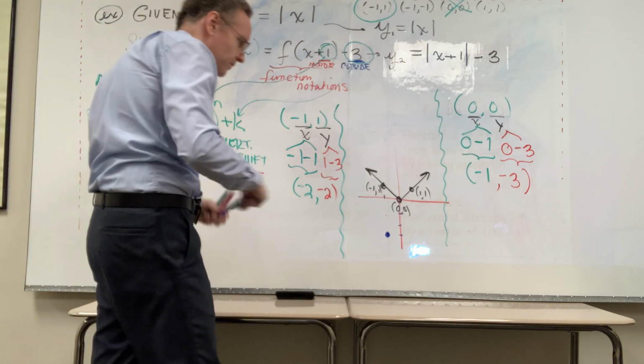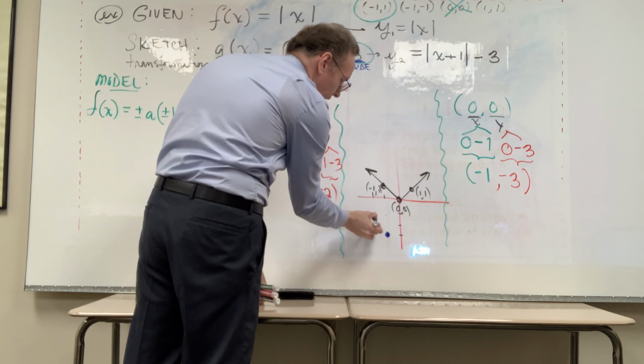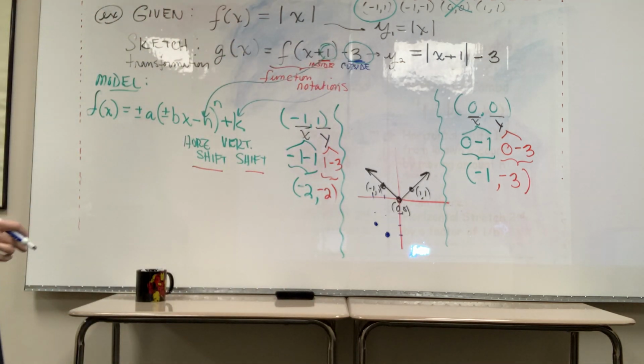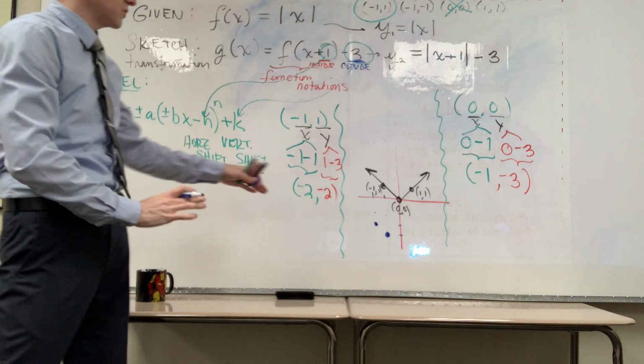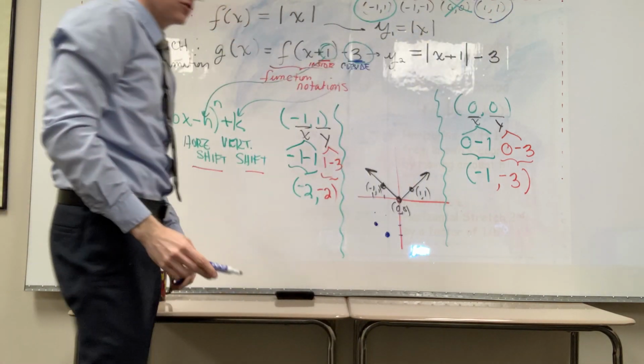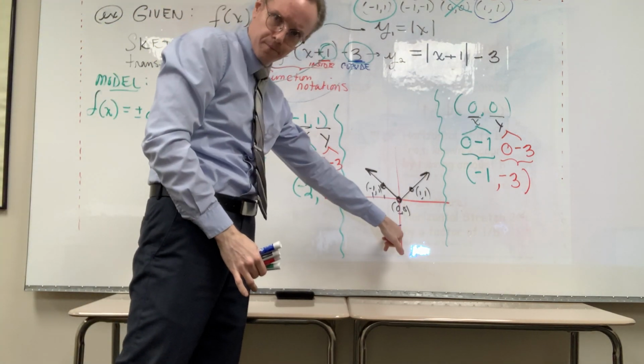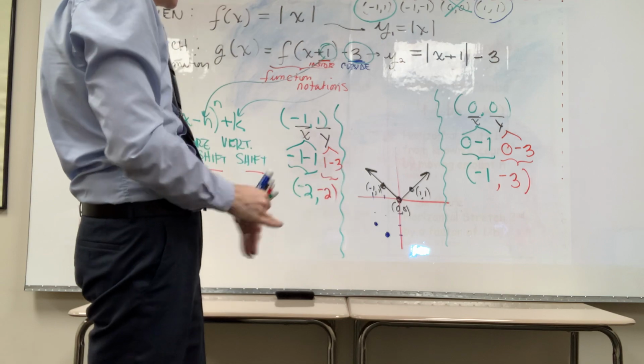So let's see. Negative 2 would be here, down 2 would be there. You could probably guess without doing too much work what's going to happen with this number that is also relevant. Probably going to be over here. But here's the minutia, here's the details.